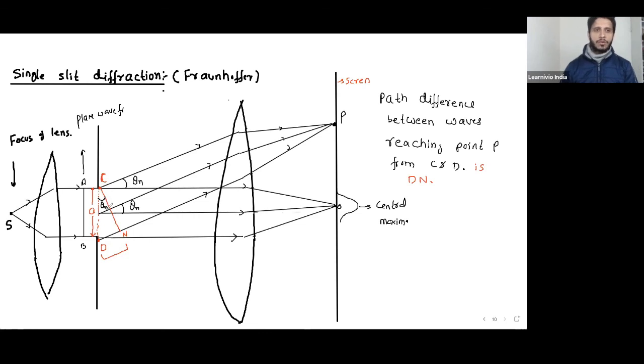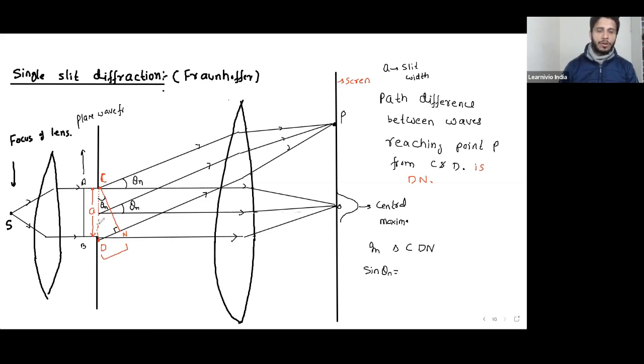We can easily calculate this DN from this triangle if we know that CD is equal to A, the slit width. The slit that we are using, this is the width of that slit. In triangle CDN, I'm using sine theta n.